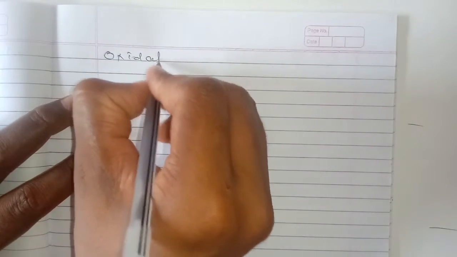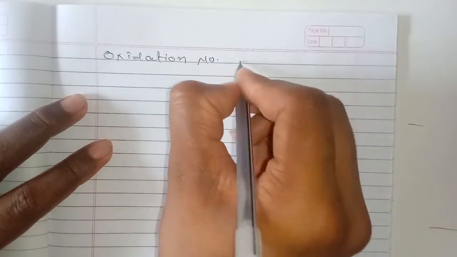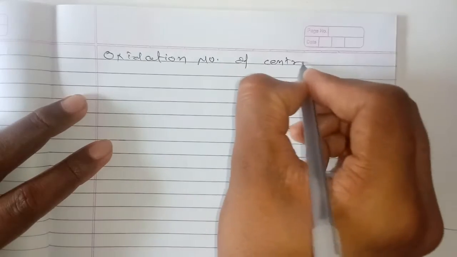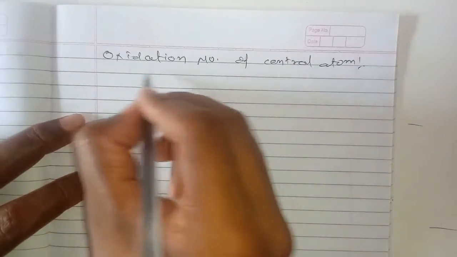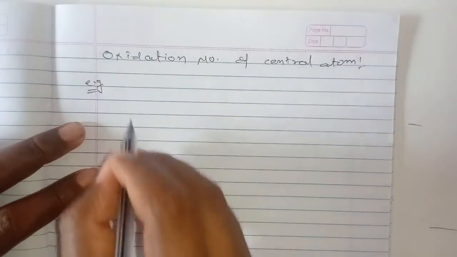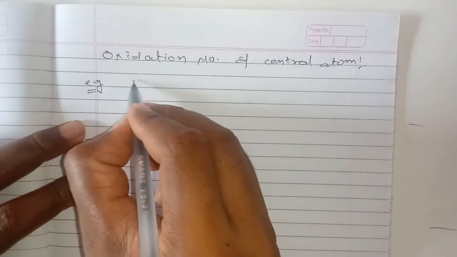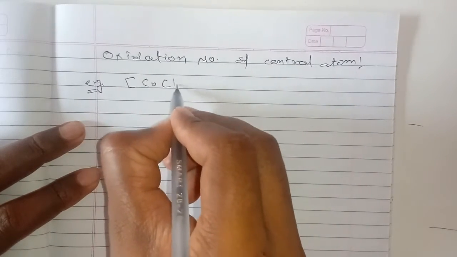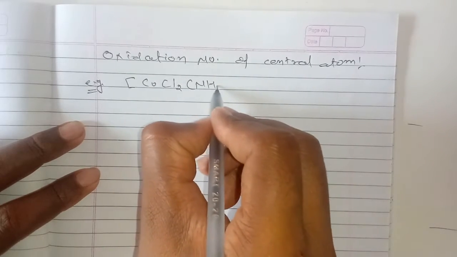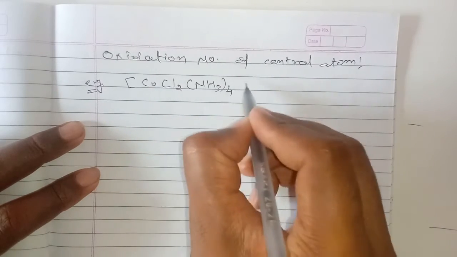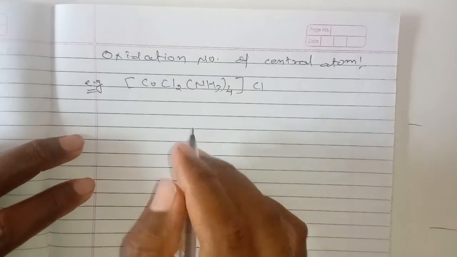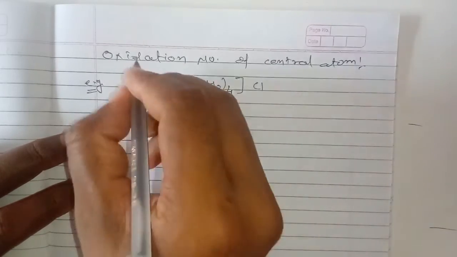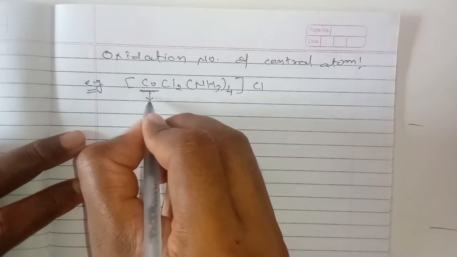And then after, the another term is oxidation number of central atom. It's important for MCQ. For example, [CoCl2(NH3)4]Cl. We have to find out the oxidation number of cobalt.